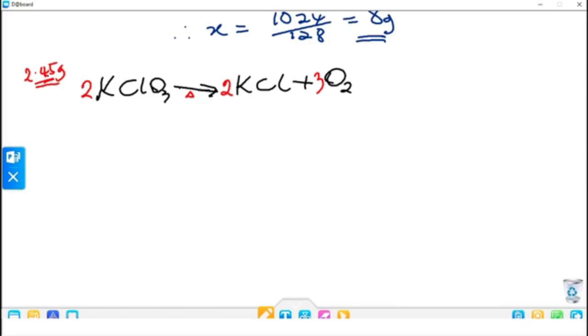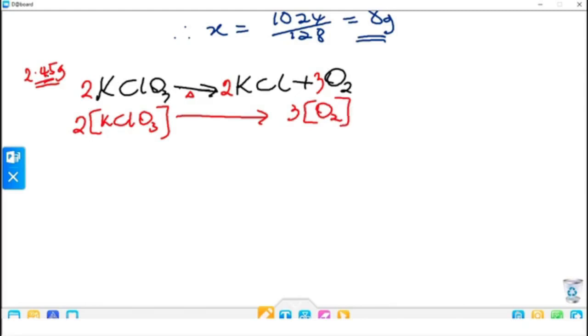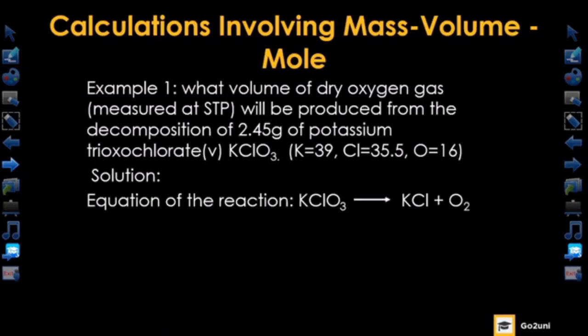From the balanced equation, we have 2 moles of potassium chlorate, and 2 moles of potassium chlorate produce 3 moles of oxygen gas. We are interested in oxygen because the question says we should calculate the volume of dry oxygen that will be produced when 2.45 grams of that compound is decomposed.